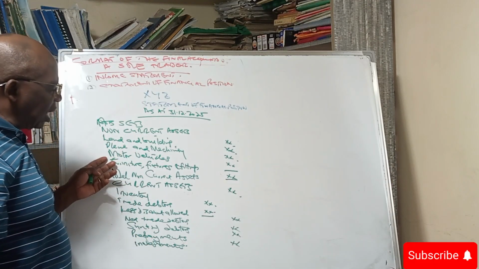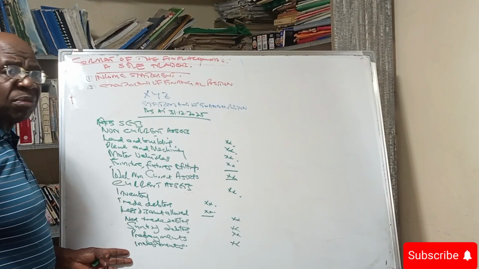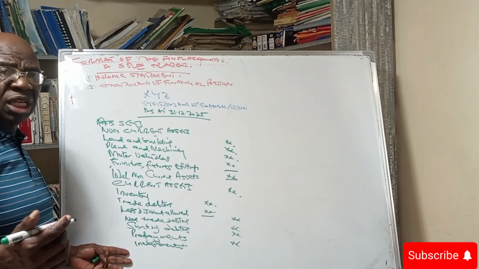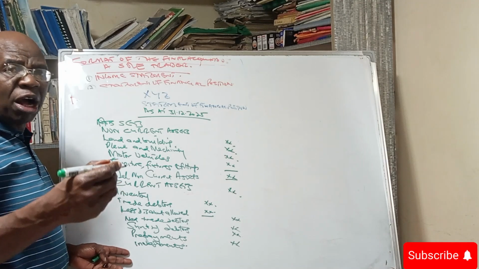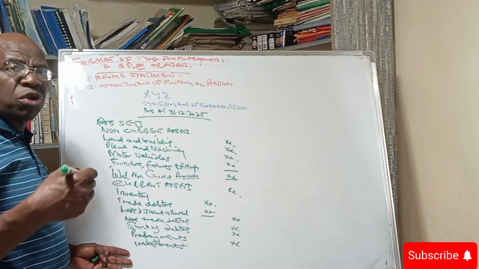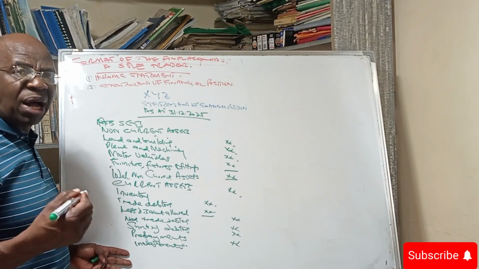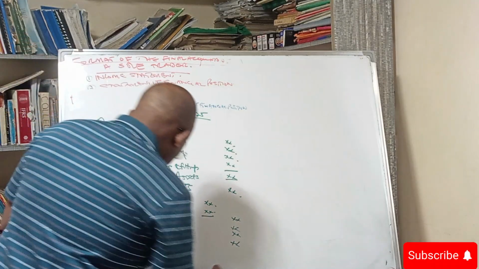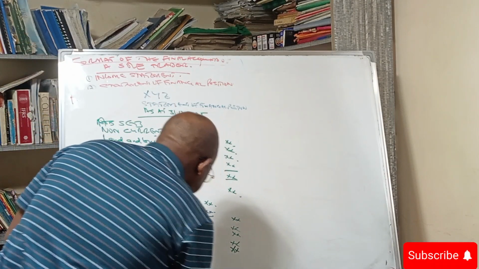Current investments are things like treasury bills. They are investments that you expect to liquidate within a span of less than 1 year.